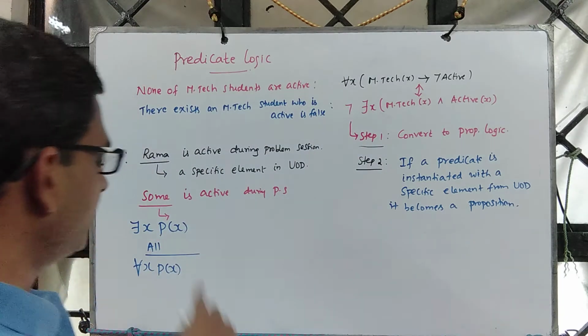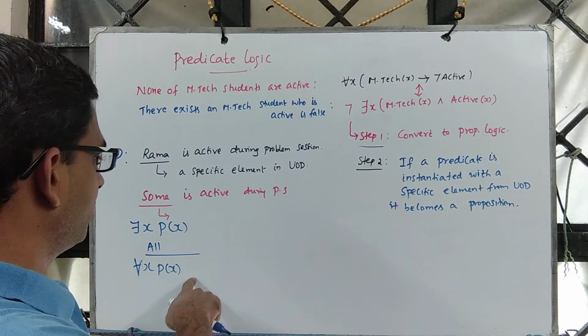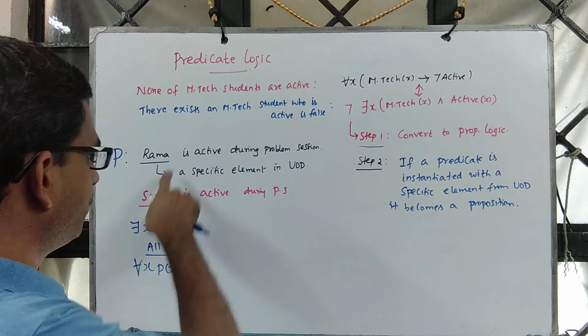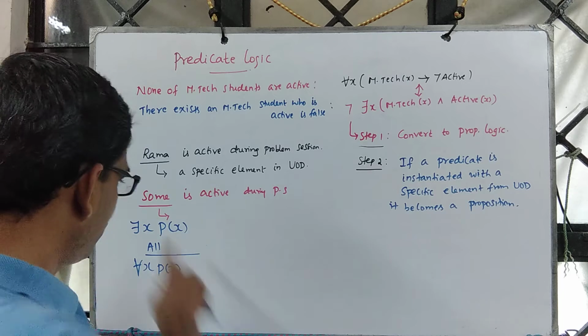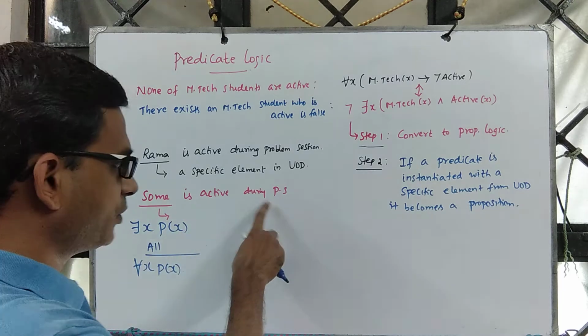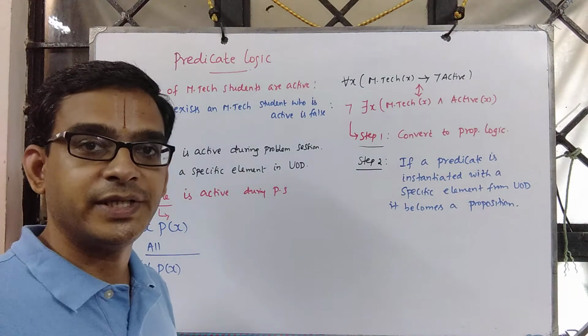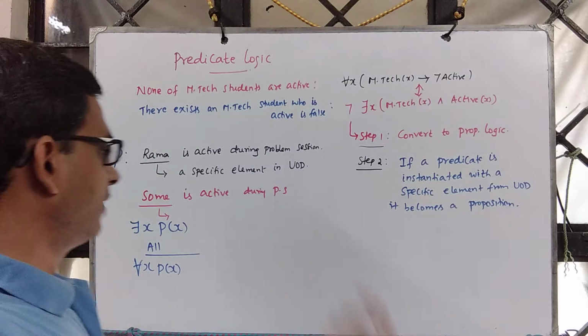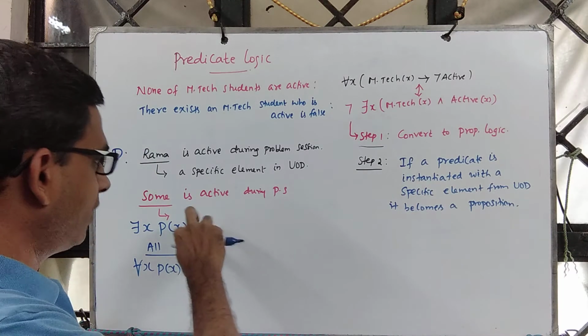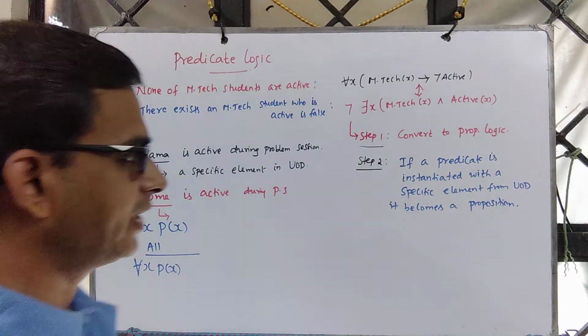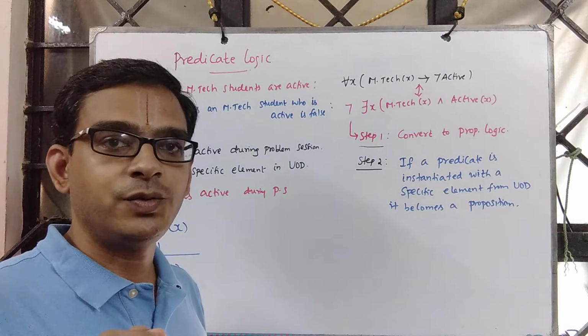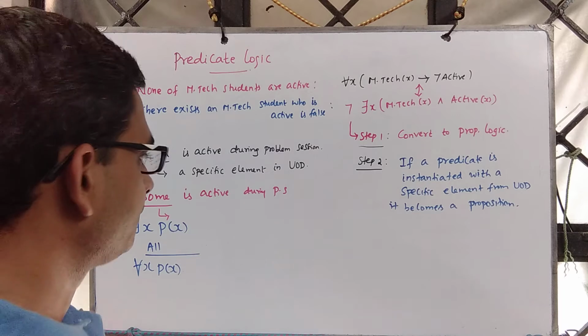So when you say some is active, it is predicate logic. When that x refers to Rama, it becomes a proposition. Of course, you can also refer to this as a proposition, but we wanted to increase the power of propositions, which is why we brought in predicates. Now we are moving from predicate to proposition by instantiating the predicate with respect to a specific element.